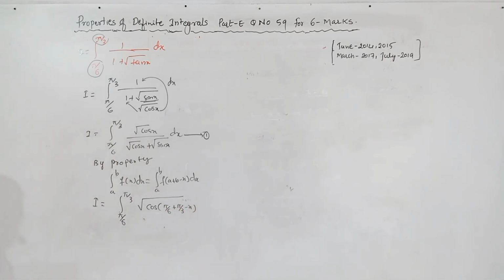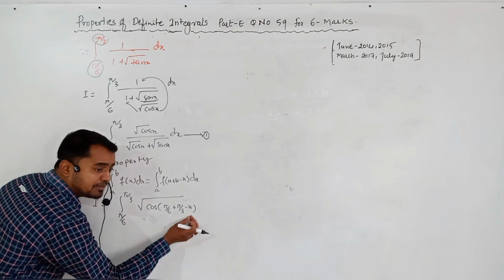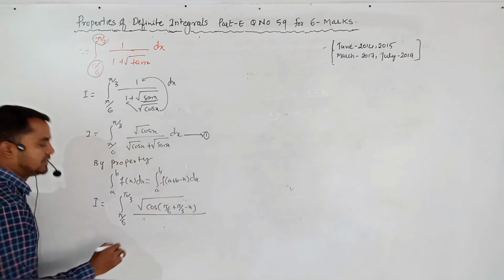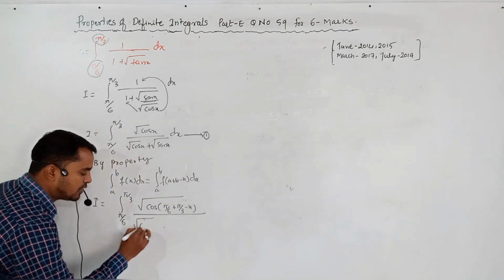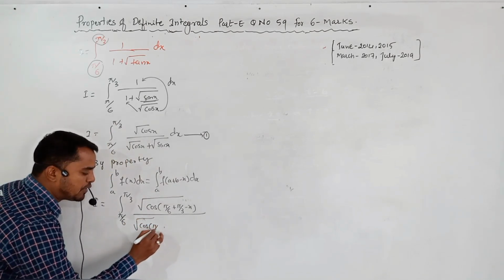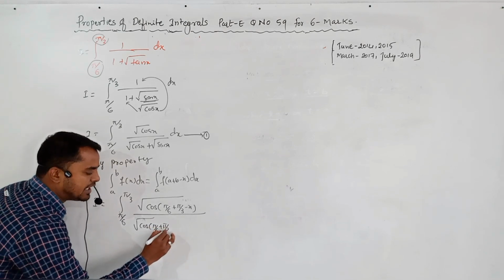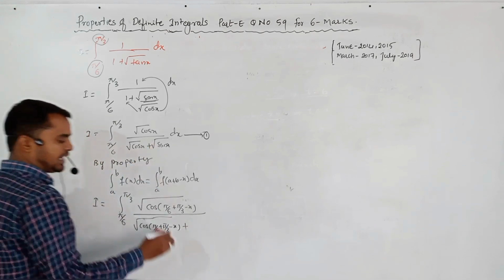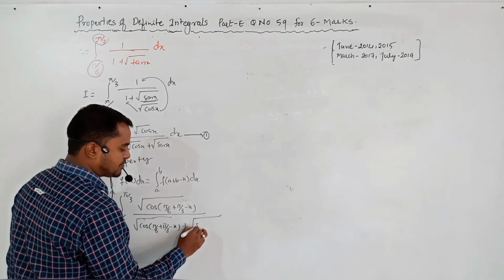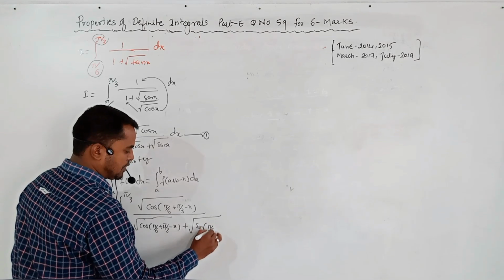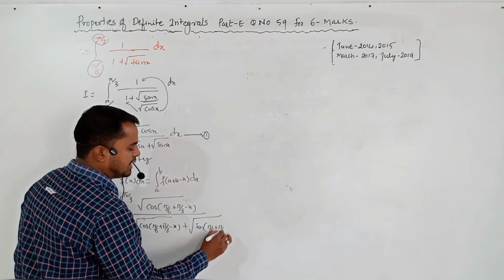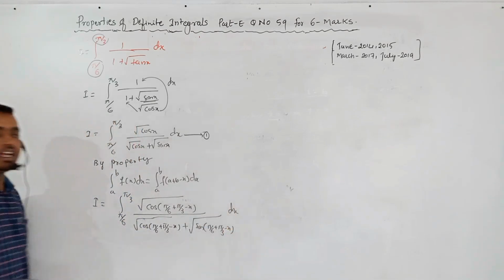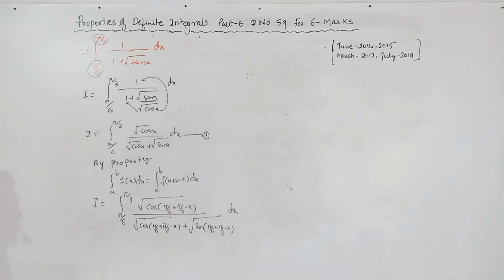This is a plus b minus x, divided by root of cos of 5 by 6 plus 5 by 3 minus x plus root sin of 5 by 6 plus 5 by 3 minus x, dx. After applying the property, the step becomes this.